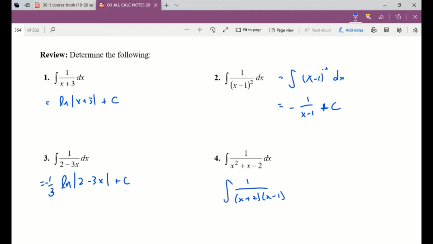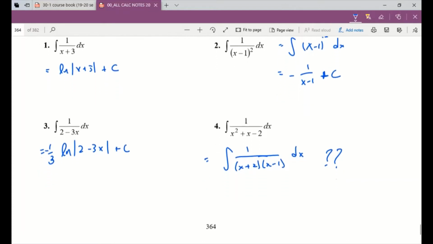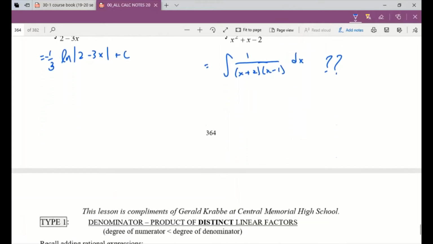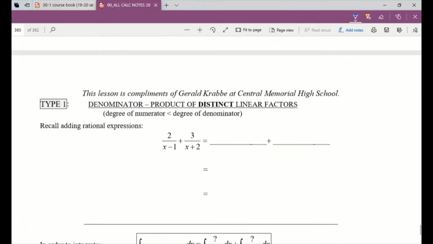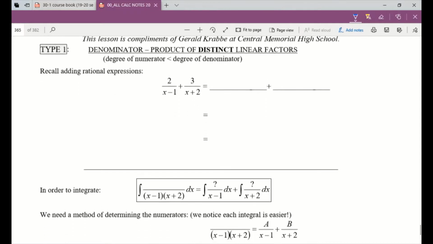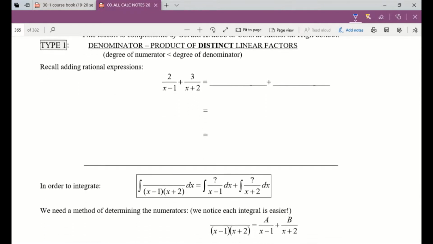We could call it that, but with the product rule, this ends up being really tricky to do anything about. So at this point, we are at a loss, at which point we bring in this new method that's going to be called partial fractions.